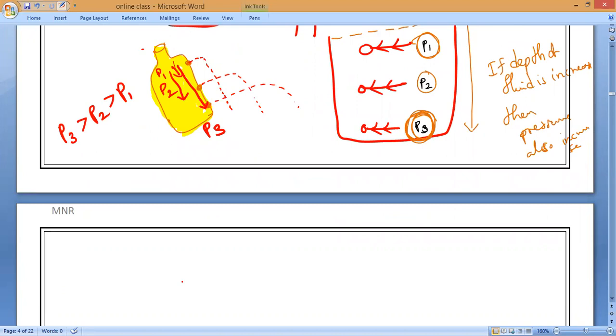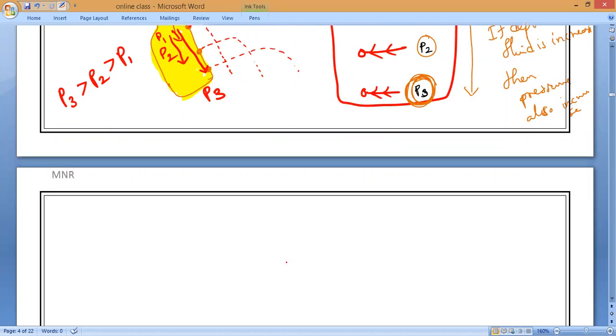To resist that high pressure, the walls of the dam or reservoir must be constructed very wide compared to the top. Hope everybody understands.